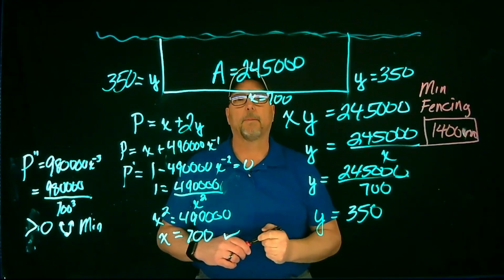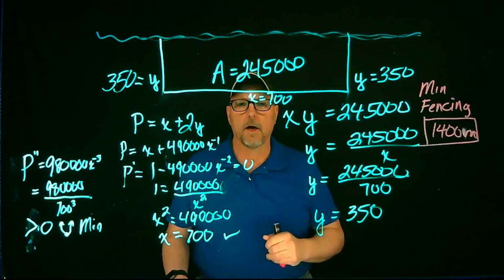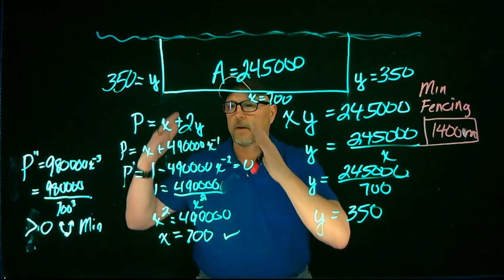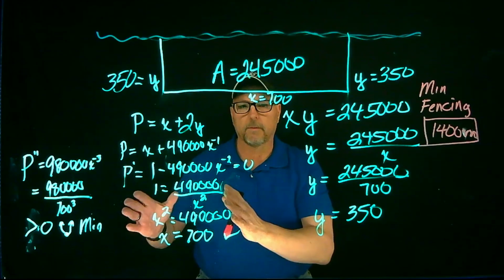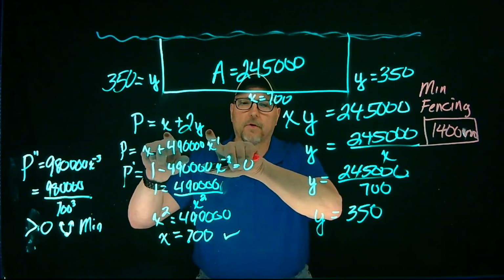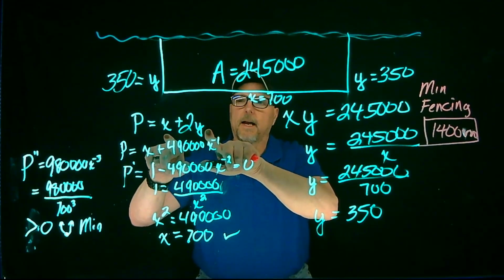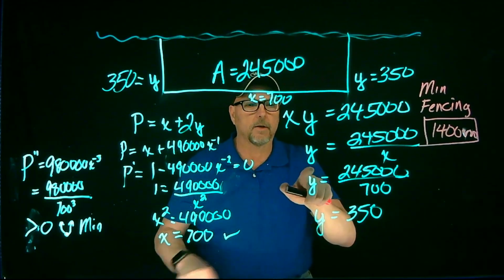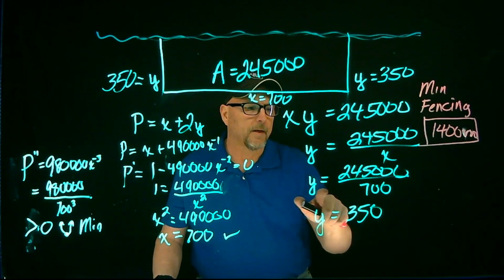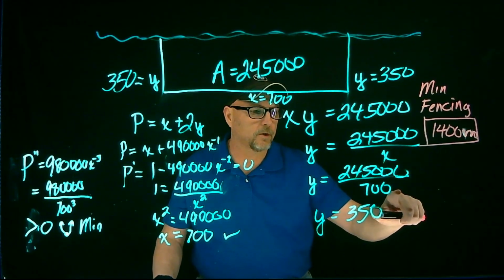So again, to recap here, we make a picture of what it is we know, and then we always have a primary equation. Sometimes there's not a secondary equation, but when I get a primary equation, I see I have two variables, because I'm not doing two variable calculus right here. I have to go to a secondary equation. I solved this for y, got the y in terms of x up here. This is when I was checking.